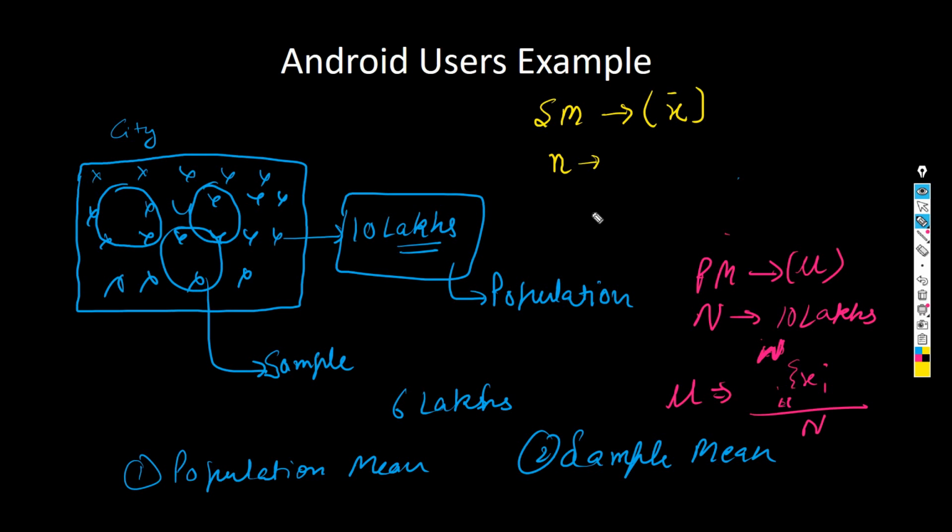So how can we find our sample mean? According to this problem, x bar will be the summation of x i, with i starting from 1 and ending at small n, divided by small n. This is how we can find our sample mean and population mean.